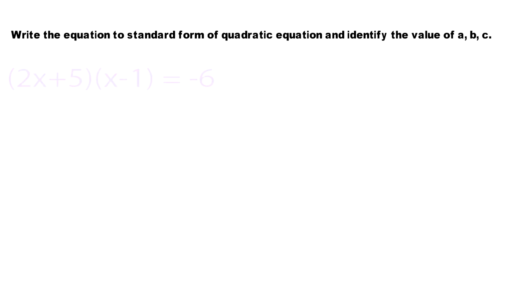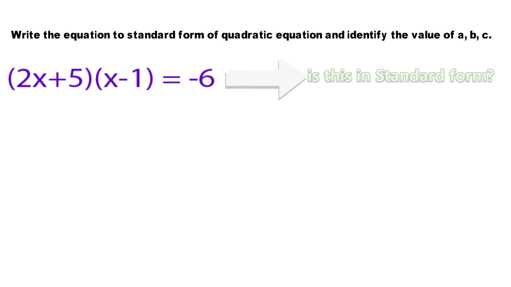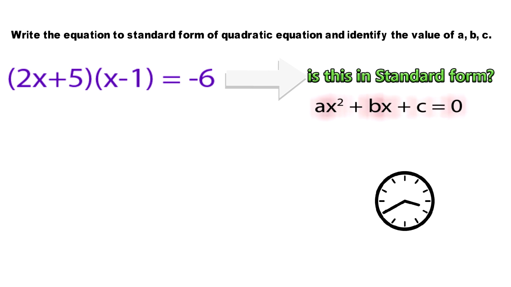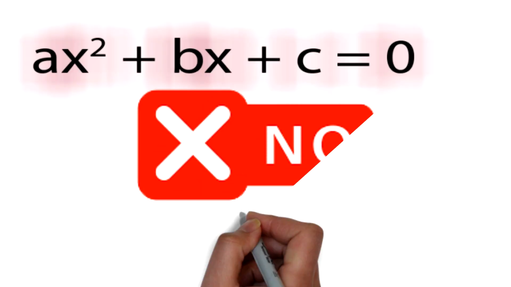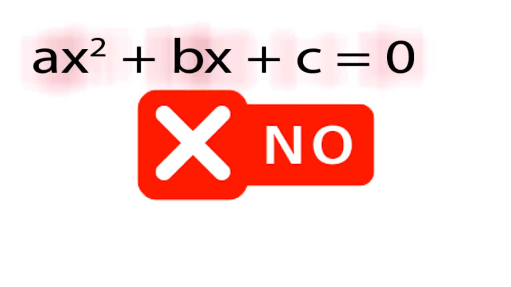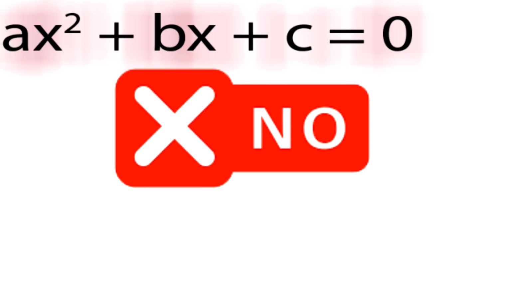Another example: the quantity of 2x plus 5 times the quantity of x minus 1 is equal to negative 6. First is to check if the given equation is in standard form of a quadratic equation. Is this in standard form? No. Since the given equation is not in standard form, we will transform this equation into standard form using the FOIL method.